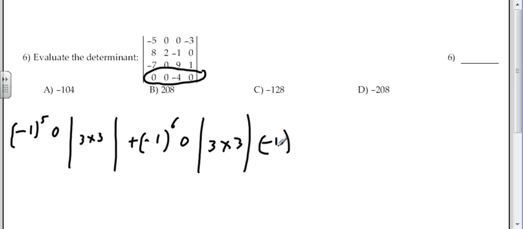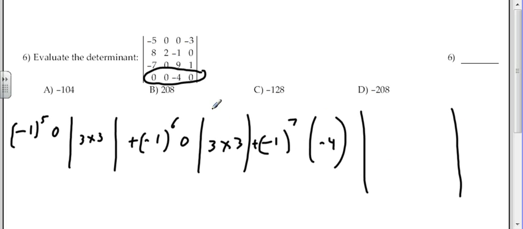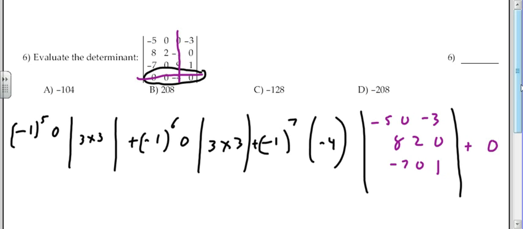Minus 1 plus a minus 1 raised to the row plus column, which is 7, times minus 4 times the minor that is remaining. So I remove that column and this row, and what I have left over is minus 5, 0, minus 3, 8, 2, 0, minus 7, 0, 1, plus something else times 0, which I don't have either.